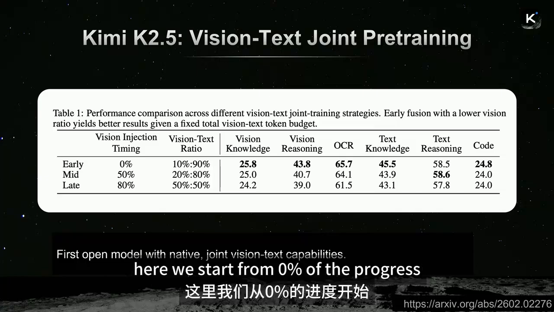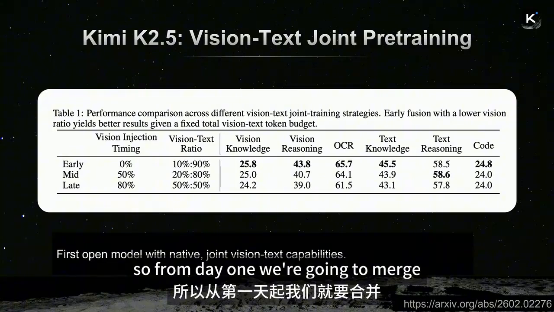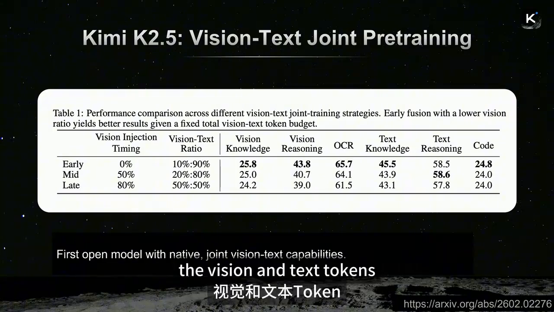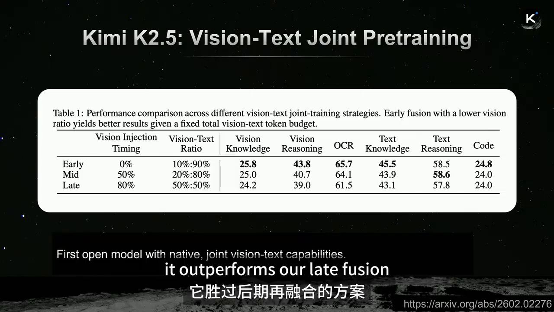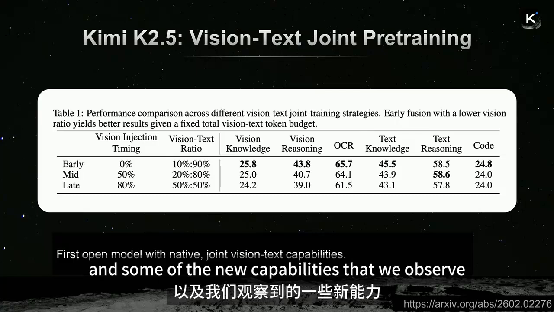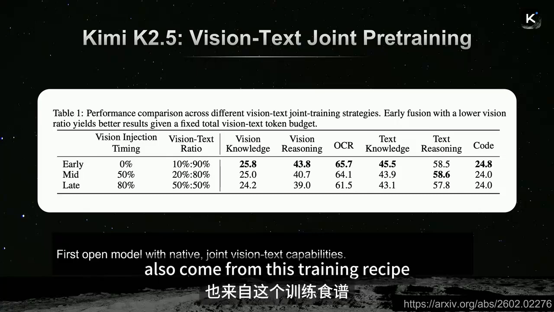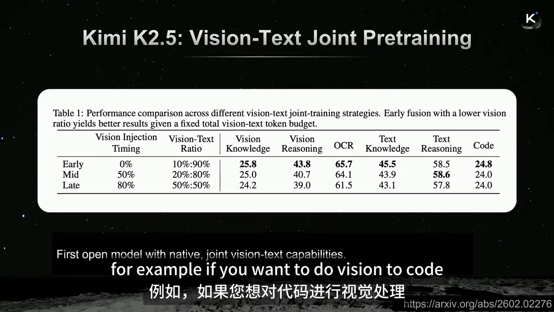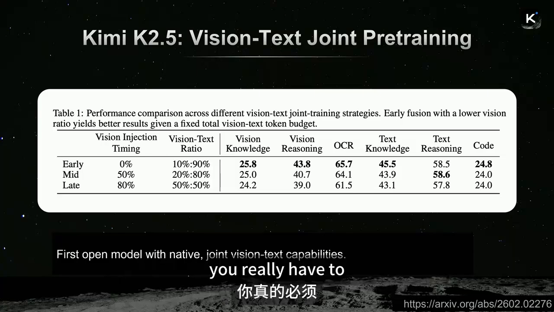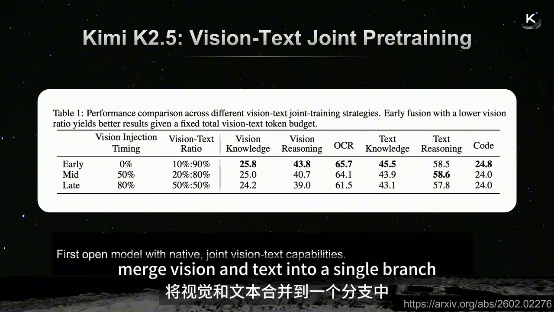We start from 0% of the progress. So from day one, we merge the vision and text tokens, and as shown in our preliminary experiments, it outperforms late fusion. And some of the new capabilities that we observe also come from this training recipe. For example, if you want to do vision to skill, you really have to merge vision and text into a single brain to achieve that.